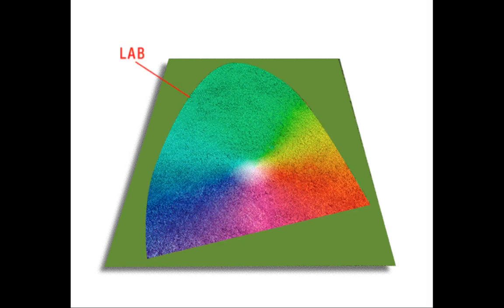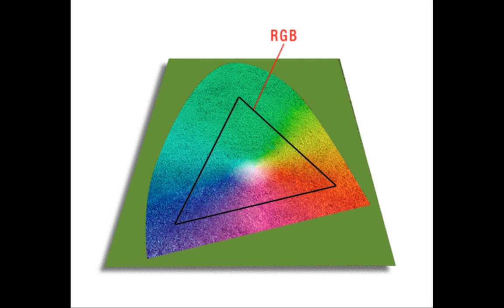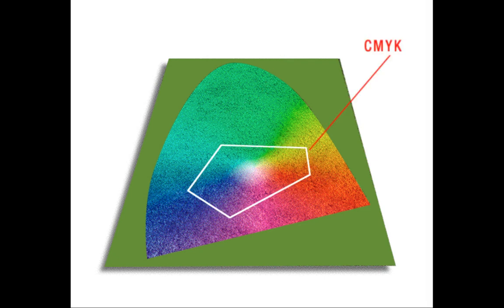If that square is all possible colors, then we can represent all colors using the LAB system. You don't have to memorize that. Know that this is a color system like RGB and CMYK. It's a computer system in this case. RGB can't represent all colors, and neither can CMYK.